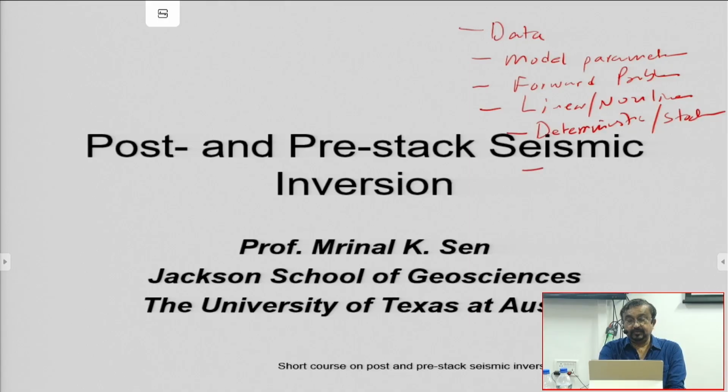And then if you are using the deterministic approach, you have to choose some optimization method. Okay?